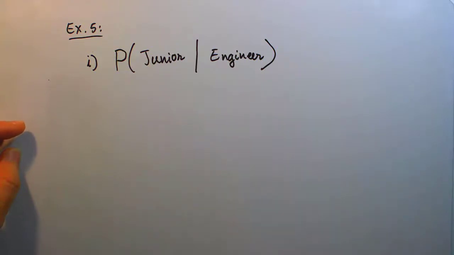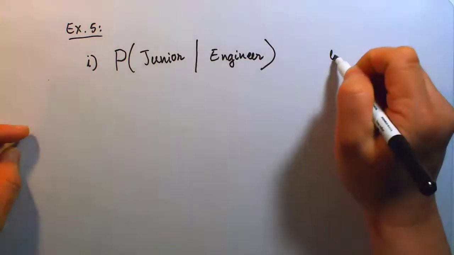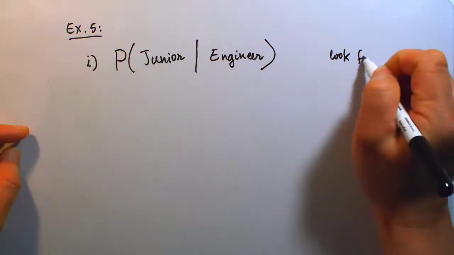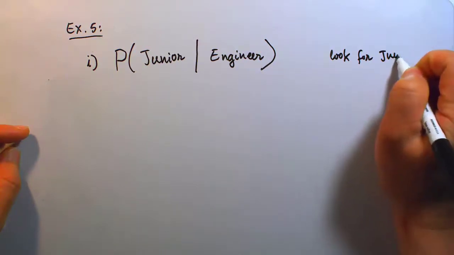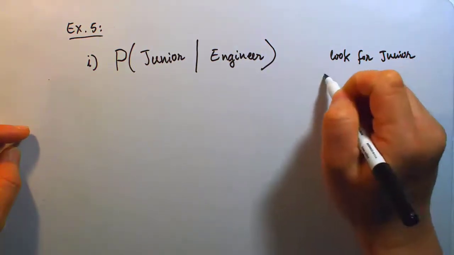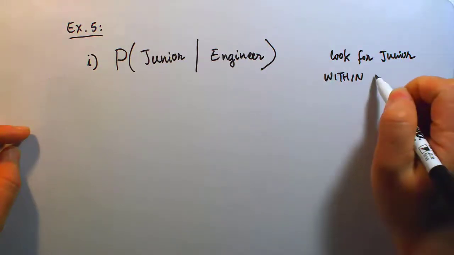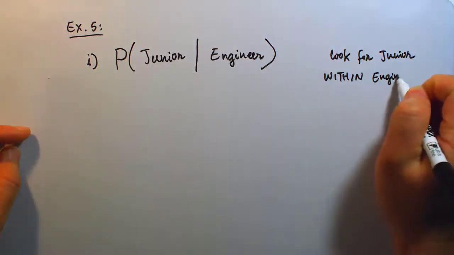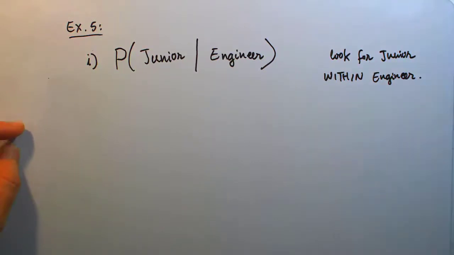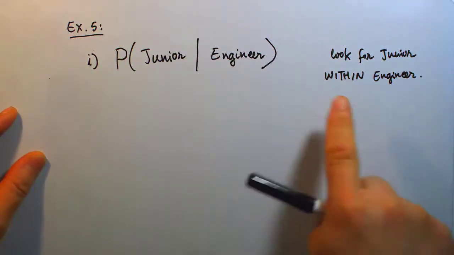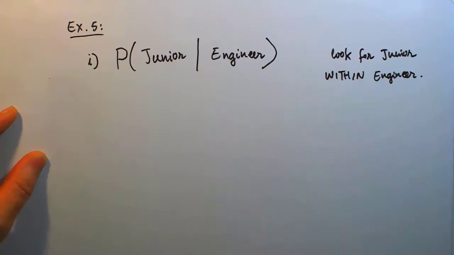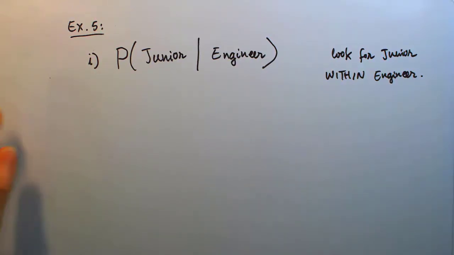Based on our counting fundamental, we're looking for junior within the other event being the engineer major. Staying on that fundamental is going to help us count extremely easily in our contingency table.